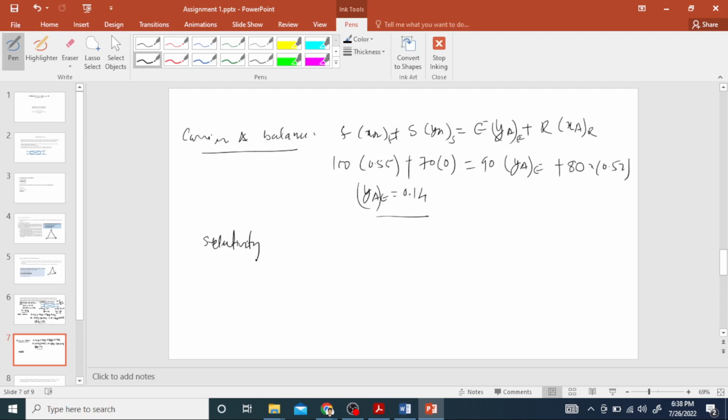Now calculate the selectivity. It is indicated generally by beta for C. So YC divided by YA, over XC divided by XA, right? So 0.16, 0.14.